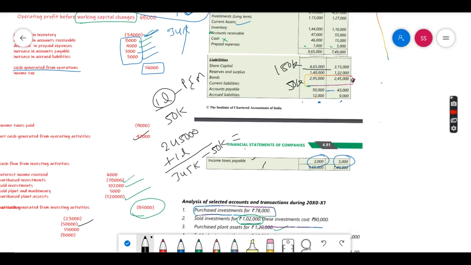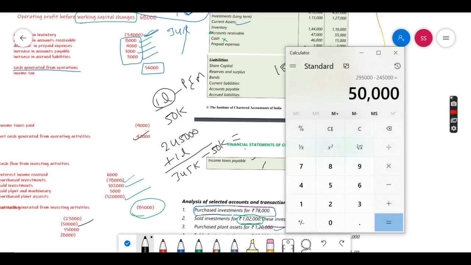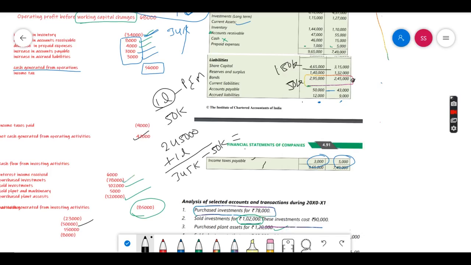If you do that, you get 2,95,000, right? 3,45,000 minus 50,000, you get 2,95,000. And the same goes for the shares.